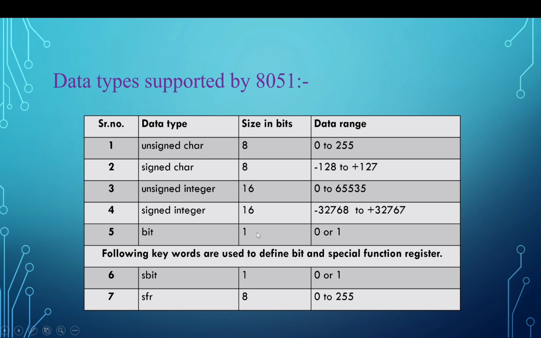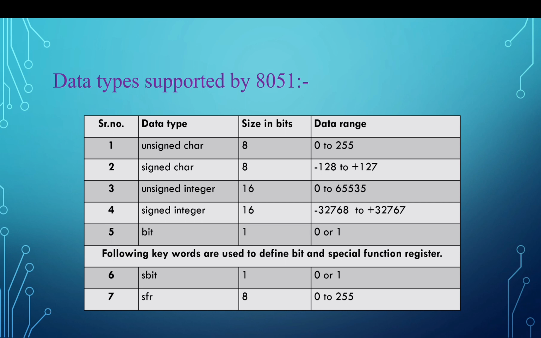Then the fifth one is bit type data. If you are working on bit logic 0, logic 1, you declare your variable as bit. In 8051, the internal RAM has a bit addressable section. Part of the RAM is bit addressable. Its address ranges from 20H to 2FH.